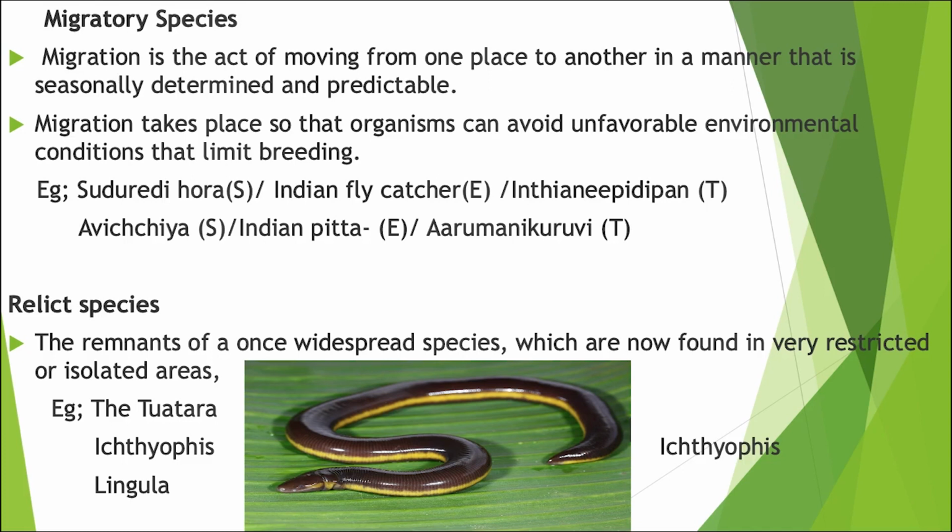Tuatara lives only on a few small islands of New Zealand. Ichthyophis, a primitive ancient legless amphibian, has a worm-like body. And Lingula, found in the Bay of Trincomalee, is an example of a relict species in Sri Lanka.